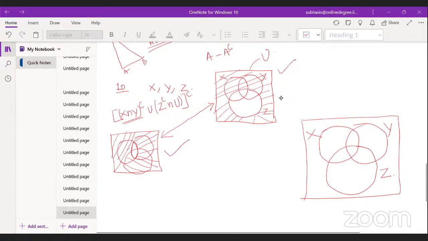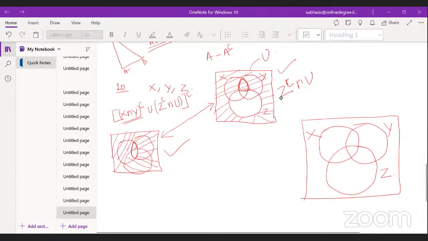As you can see, this particular region is in Z complement intersection U, but this particular region is not in this set.